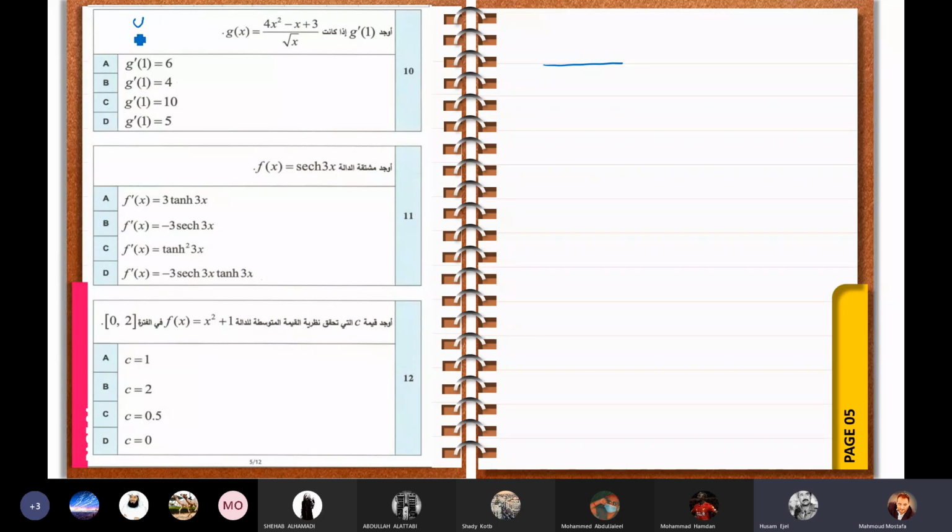So we can say that (u over v) prime is u prime v minus v prime u, over v squared. Or from the beginning, you can take x squared divided by square root of x and subtract the powers. X squared means power 2, power 1 over 2, so subtracting the powers, 2 minus 1 over 2 gives 3 over 2, x power 3 over 2, then differentiate.